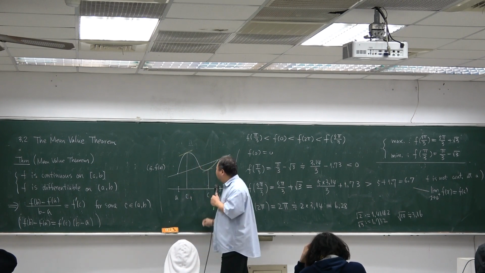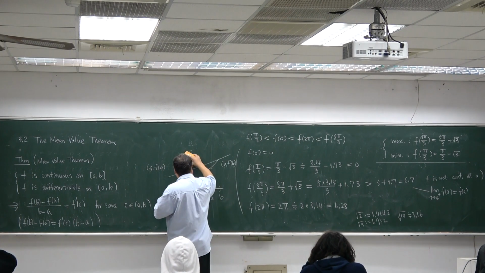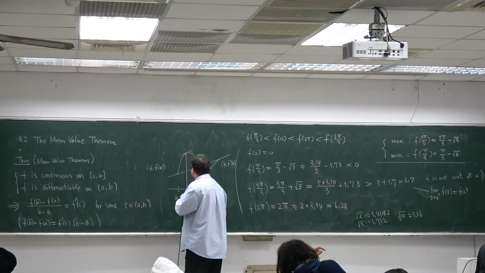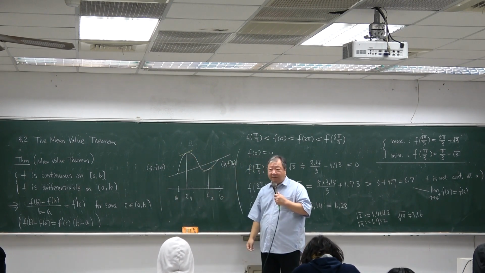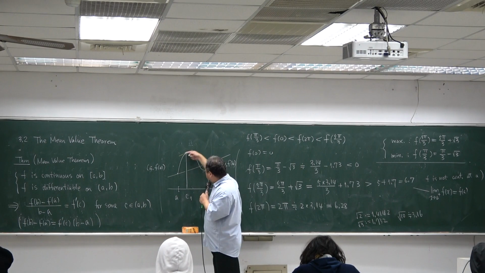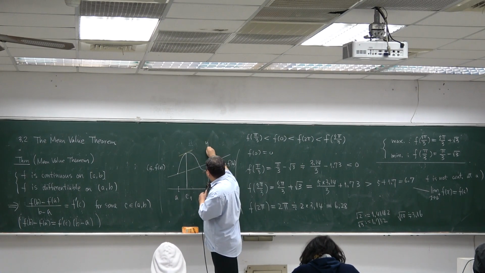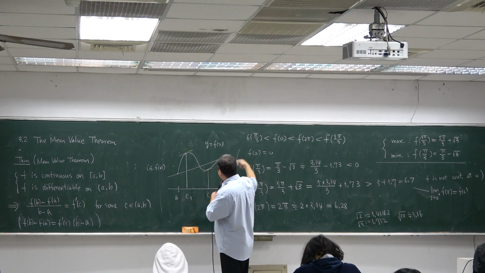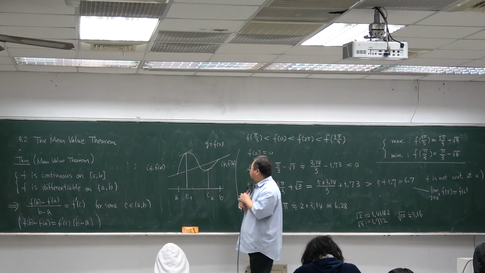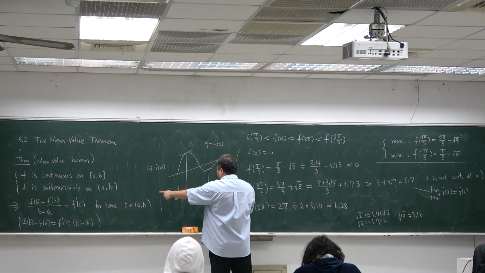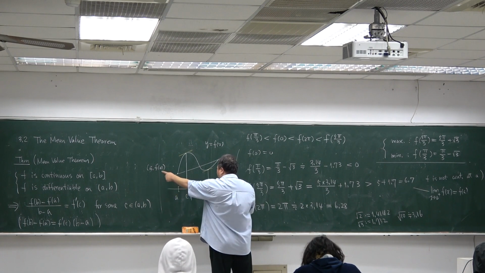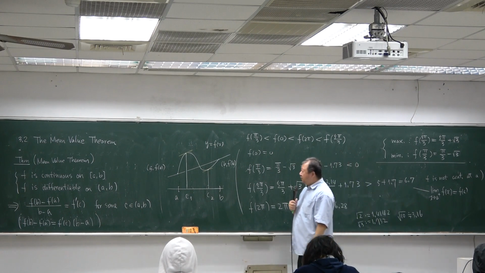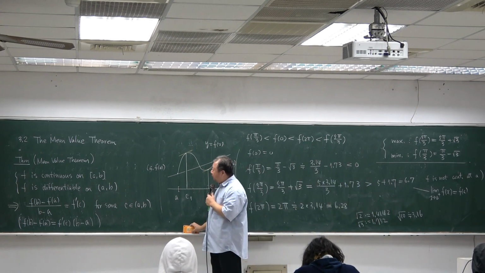Maybe more than one position. Here, the slope of the function f at c1 is the same as the slope of the straight line passing these two points. Okay? So this is the geometrical interpretation of the mean value theorem.